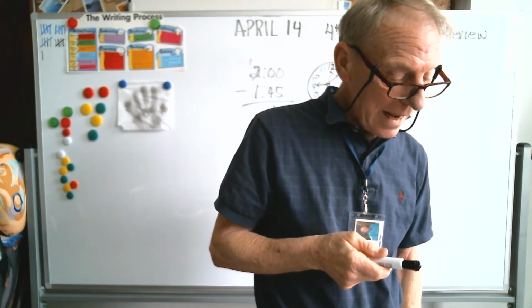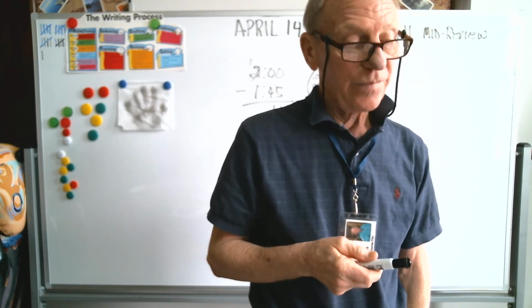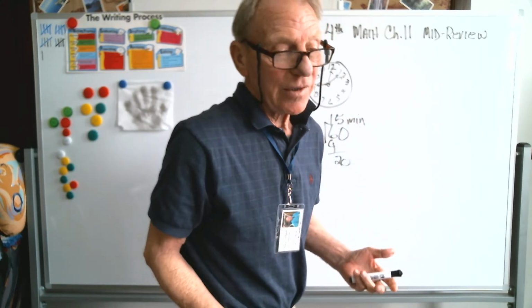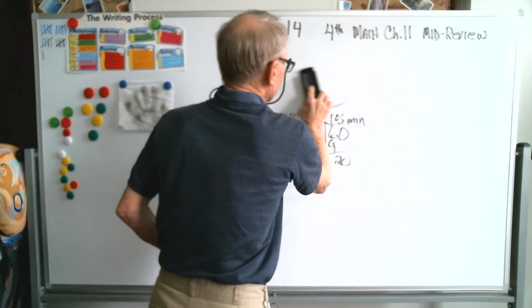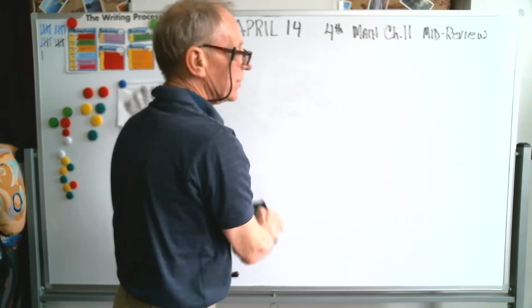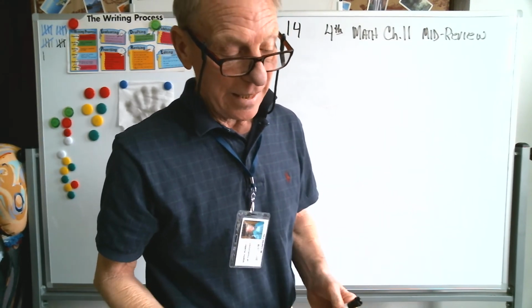Number 13, what angle does the piece of pie form? Well, the piece of pie that's being illustrated there is half. And so if it's half of a circle, we know the circle is 360 degrees. Half of that circle is 180 degrees.